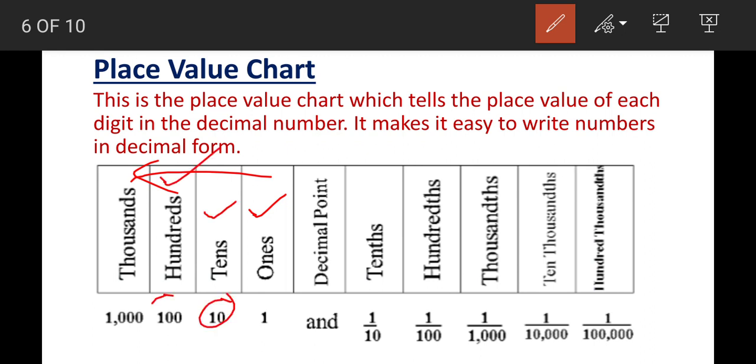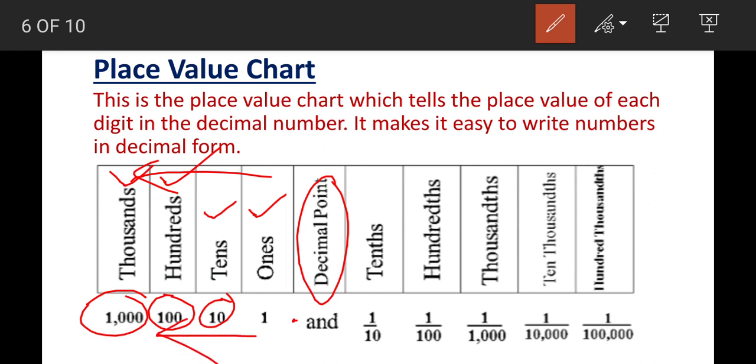For hundreds it is 100. For thousands it is 1000. And here the decimal point, this means the dot. The dot separates this part, which is known as the whole part. Toward the right side this is known as the fractional part. As we are writing the value for each one in the form of a fraction, we can say that this one is the fractional part. Clear?